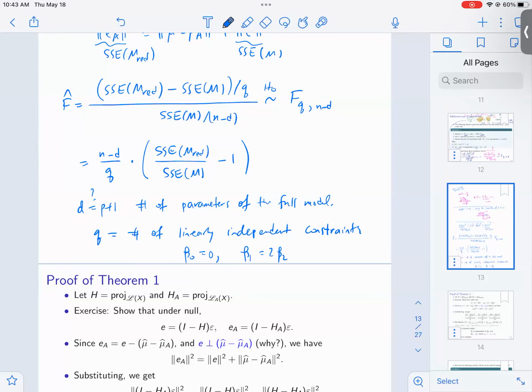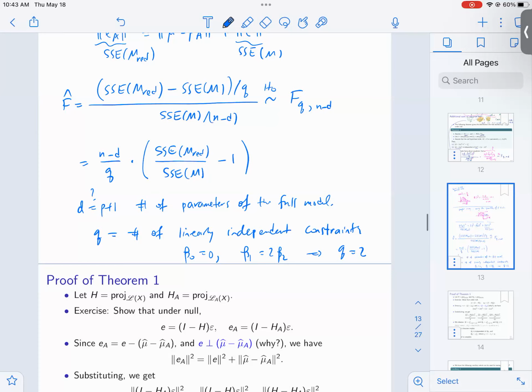What would it be? 2, yes. There are 2 linearly independent constraints, so Q would be 2. It just depends on the number of constraints, not on the sample size or anything. It has to be less than or equal to D. That's the maximum. Sounds good?